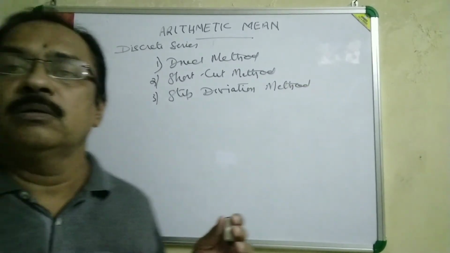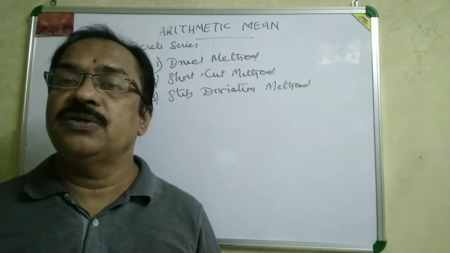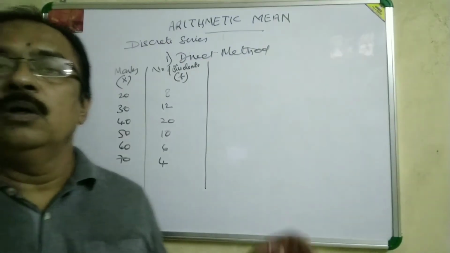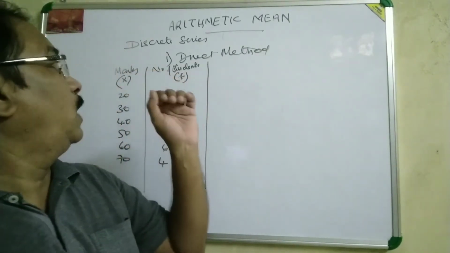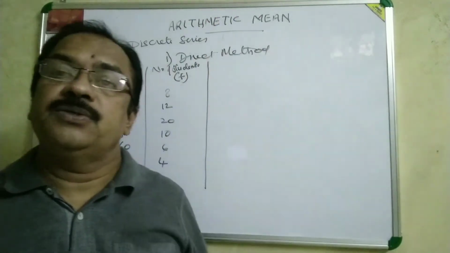So we will see how to calculate arithmetic mean by these three methods under discrete series, what formula we will have to use. First, how to calculate arithmetic mean by direct method under discrete series.